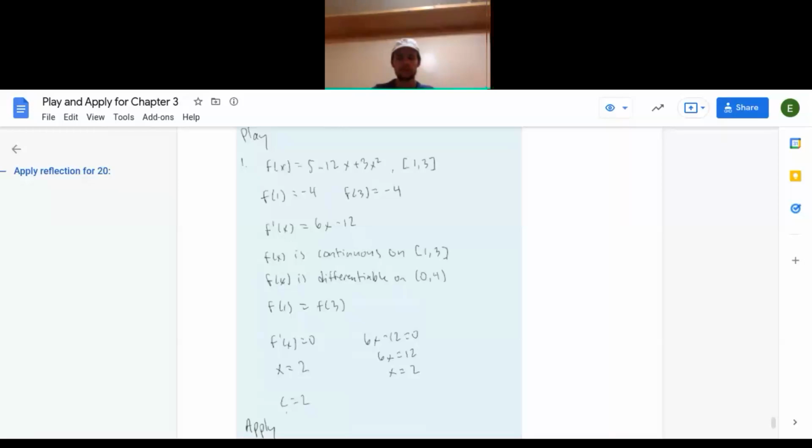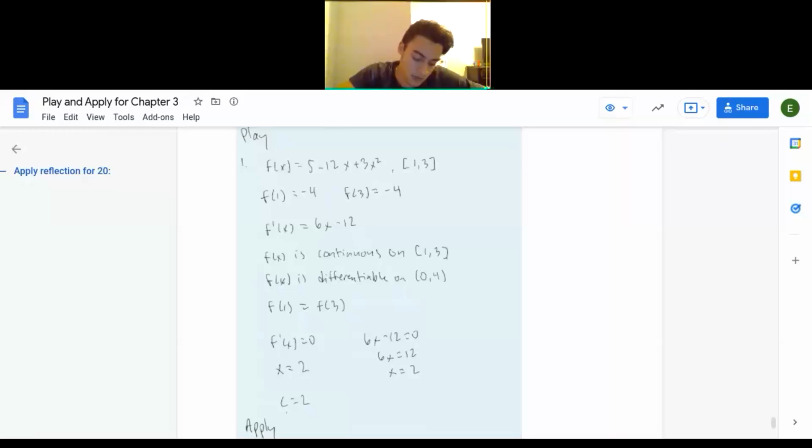So in this case, it's only the 1 that you're plugging into the equation, right? And then the 3 is there to satisfy the theorem. You plug in 1 to the original equation and 3 into the original equation to make sure that you get the exact same answer, as you see that they're both equal to -4.